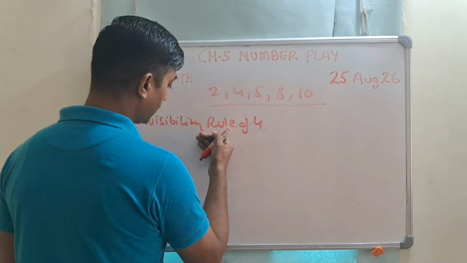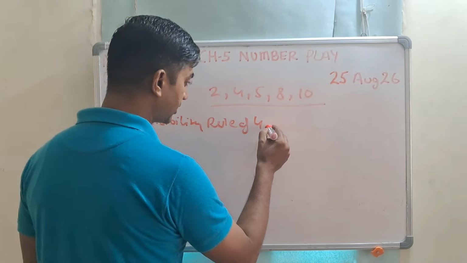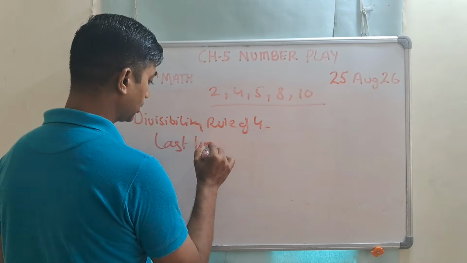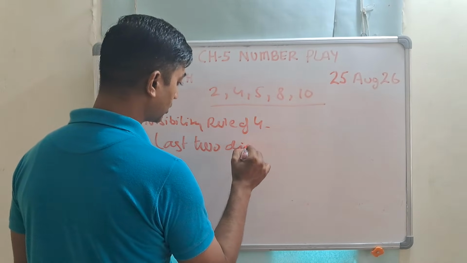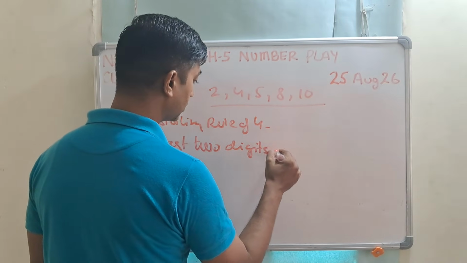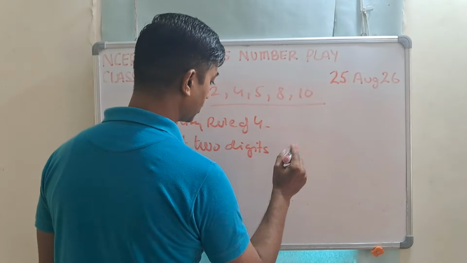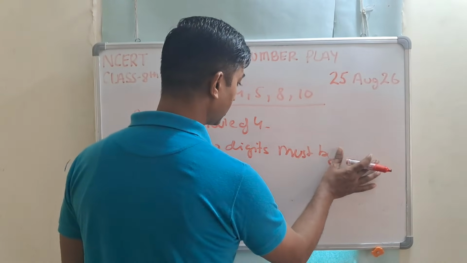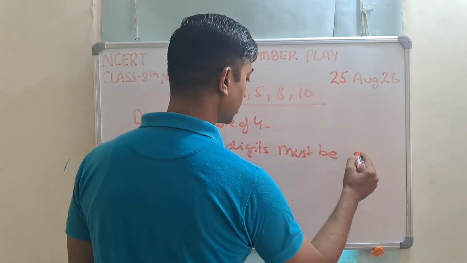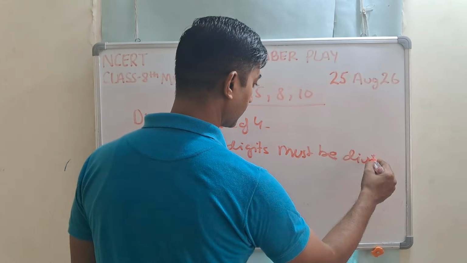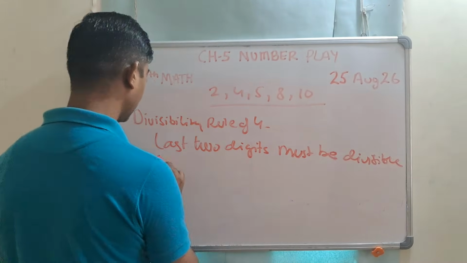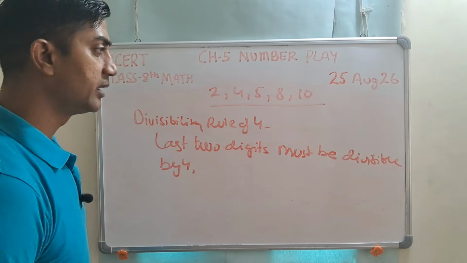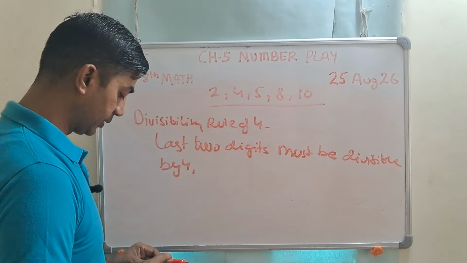Your last two digits must be divisible by 4. Understood? Means the last two digits must be divisible by 4. That is the divisibility rule of 4.